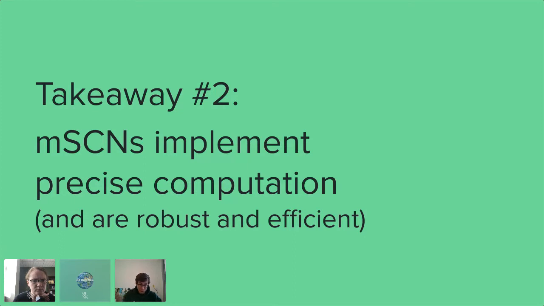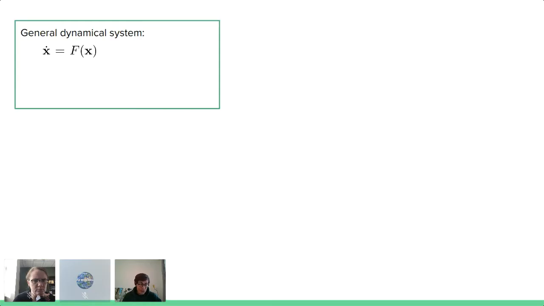Now, you rightly might ask me, we have seen second degree polynomials, right? How do we implement arbitrary dynamical systems? And to do this, well, we know that polynomials can be used to approximate any bounded function to arbitrary precision.